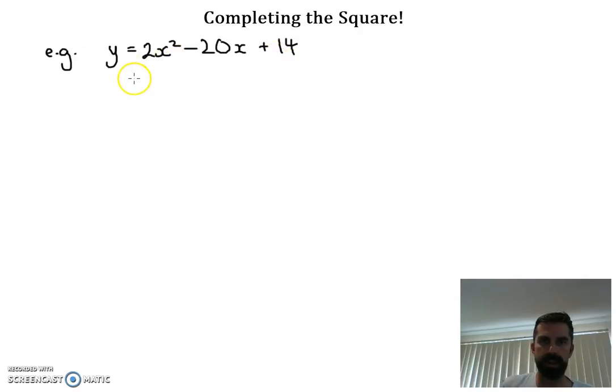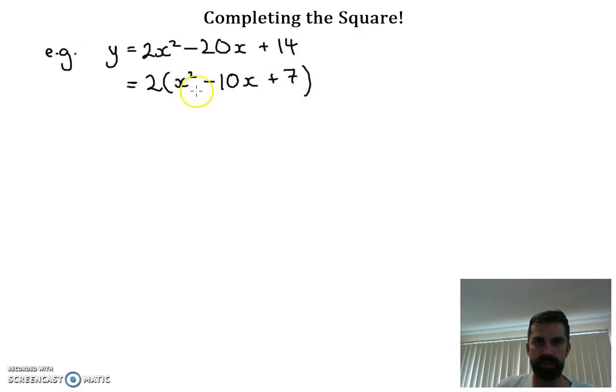So my first step is actually going to be to take the 2 out as a common factor. Conveniently, 20 and 14 are both evenly divisible by 2, so that becomes 2 multiplied by, in brackets, x squared, take 10x plus 7. So I've just divided each term by 2 and taken the 2 out the front.